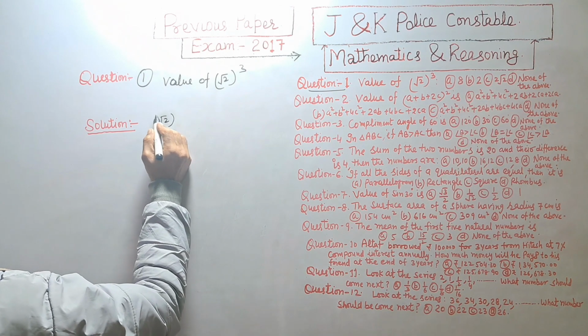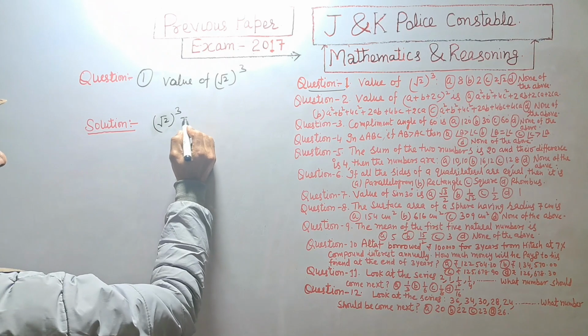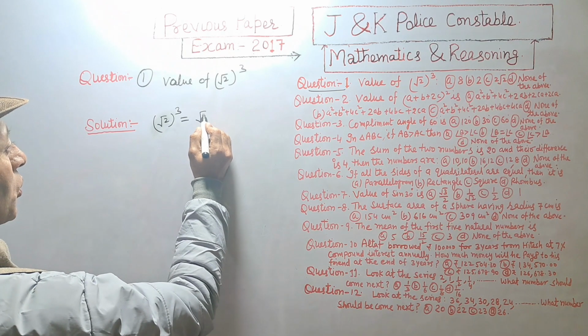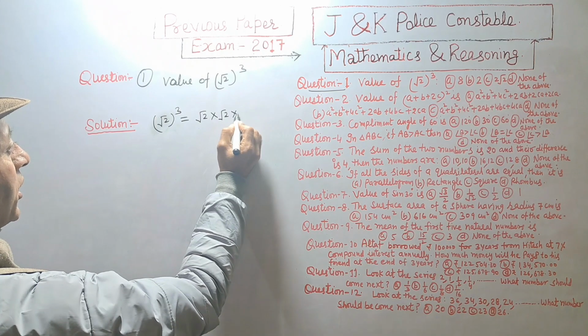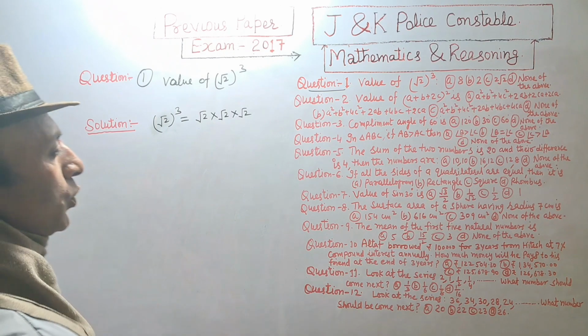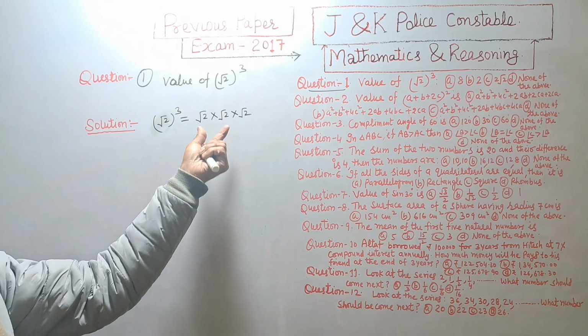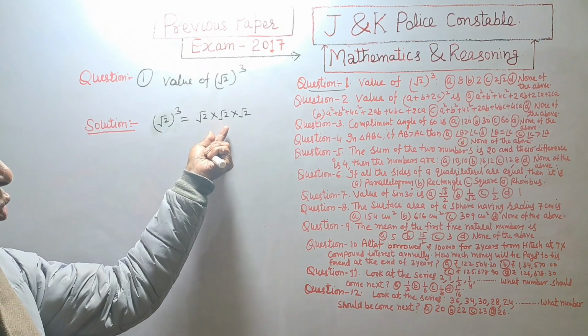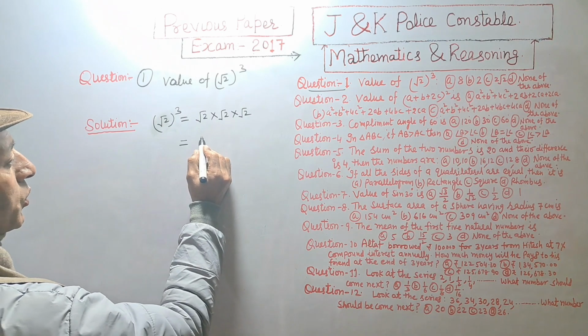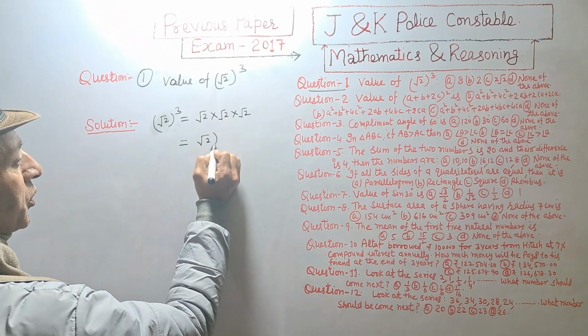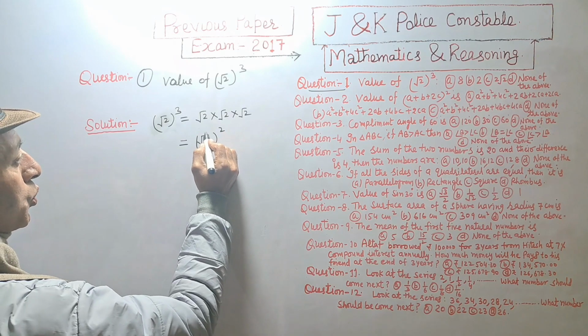Root 2 raised to power 3, we can write as root 2 into root 2 into root 2. That is equal to root 2 into root 2 square.